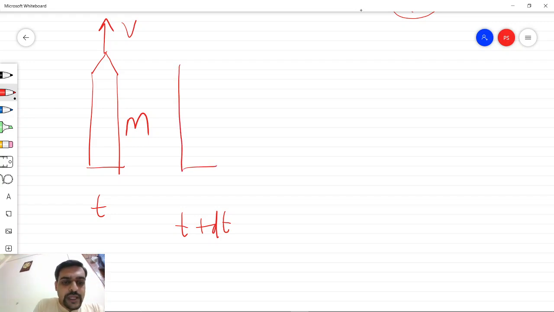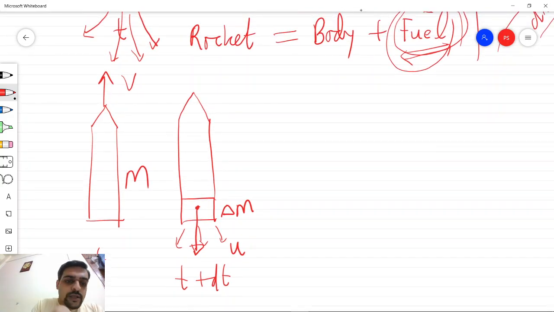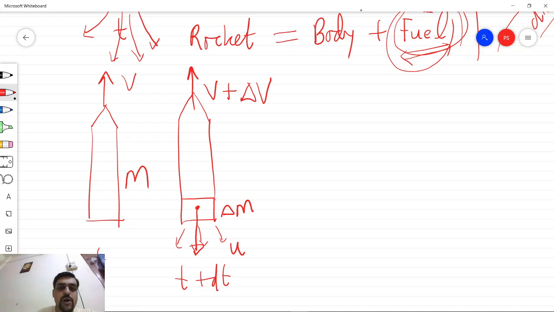Let us say that a small portion of mass delta m is burned and it is thrown in the downward direction, opposite to the motion of the rocket, with say a velocity u. As a result, the rocket gets a push so that its velocity is now increased by some small value delta v, and at the same time, its mass is decreased by a small value delta m.